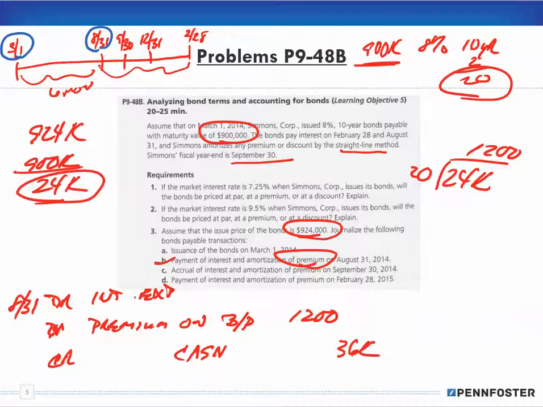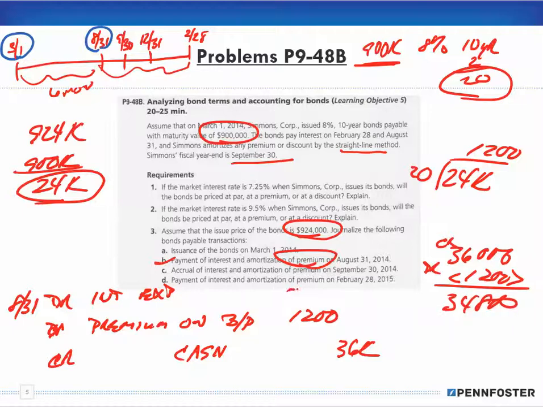The easy way to do this is debits have to equal credits. I have a credit of 36,000, and I'm subtracting out $1,200 because that's a debit. That means I end up with $34,800 as my interest expense. That's how we do that particular journal entry for the payment of interest and amortization of the premium on August 31st. So pause the video here, and I'm going to erase this.